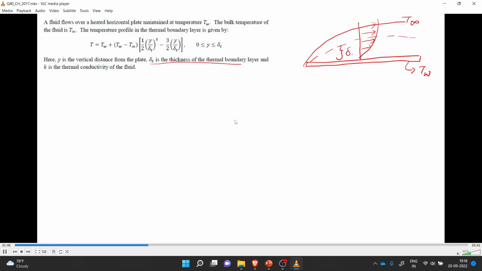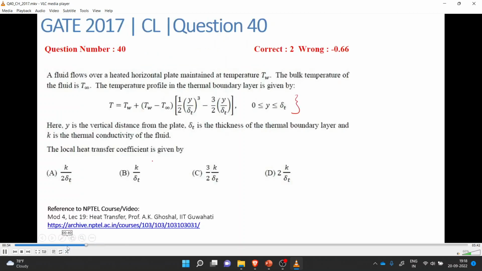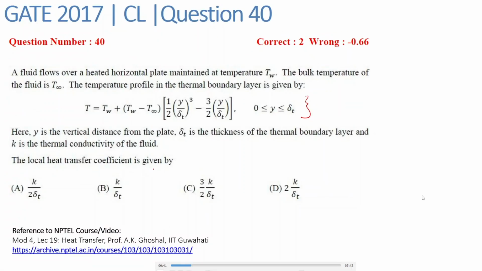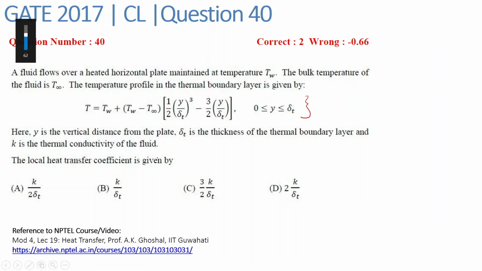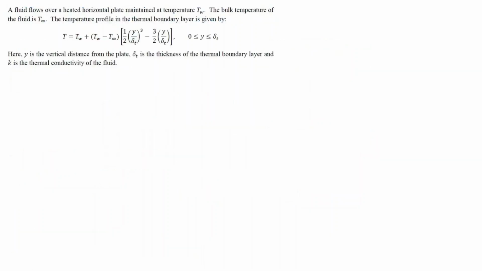Then we have been given this as delta T, that temperature fluid. The local heat transfer coefficient is given by, so we have been given 4 options and we have been asked to select the correct option corresponding to the local heat transfer coefficient. So as given in the question, we will draw the schematic.